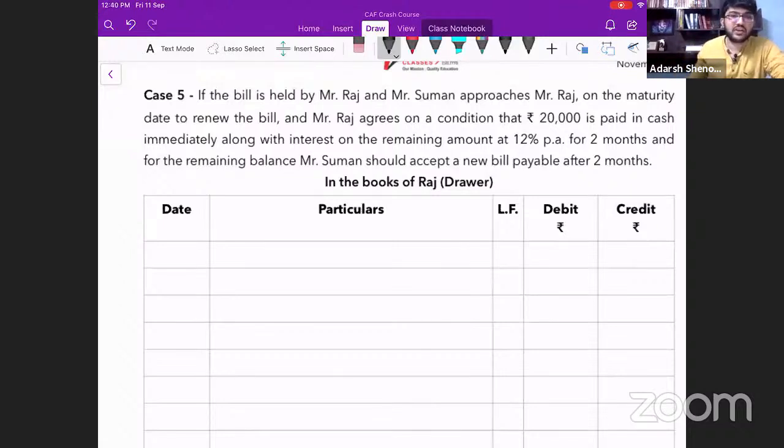Did it fly over your head? Okay, read the question once and try to understand what they have told. Now they have told that he's coming on the due date, on the maturity date.